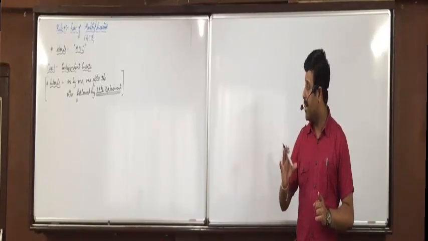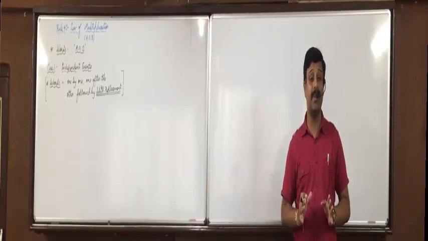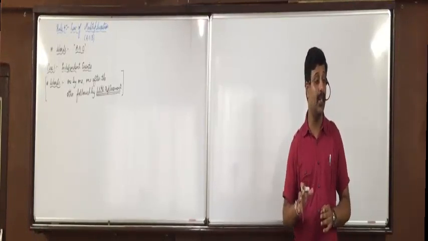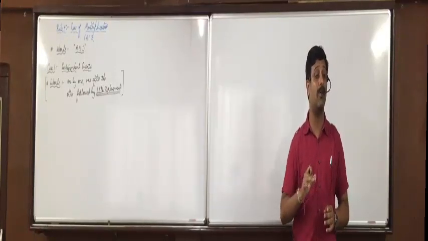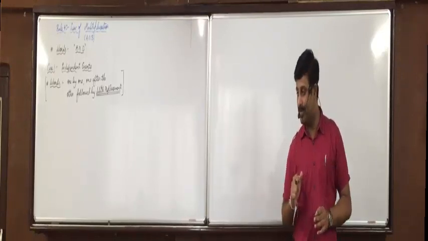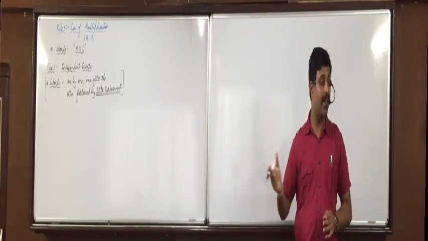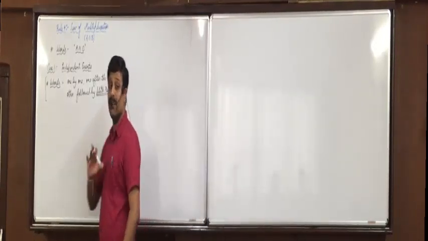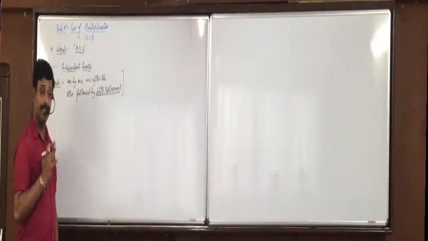Got it, everyone? And if they say "with replacement", what does it mean? One card is selected, you put it back. So for the second card, do you select from 51 outcomes or 52 outcomes? 52. So these are independent events, because the second event will not depend on the first, as that card is put back.